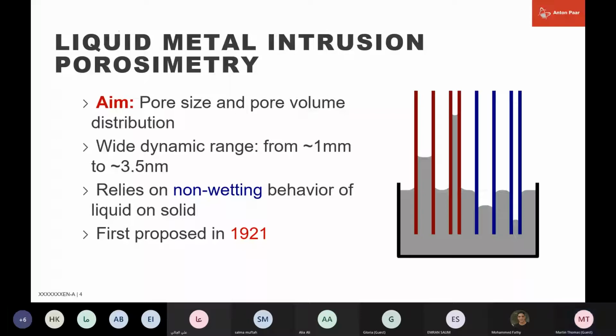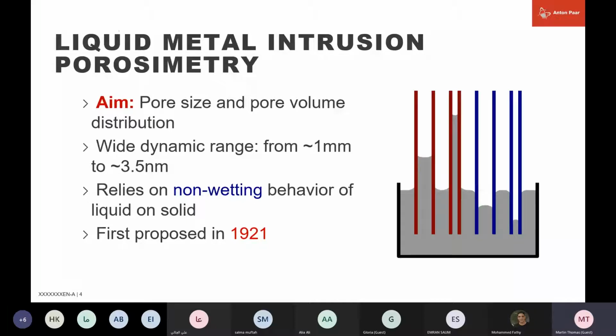Now, this technique basically has a unique capability amongst all pore sizing techniques, in that it has an extremely wide dynamic range of pore size from around about a millimeter. The exact size depends on the contact angle that the liquid metal makes with your sample. But from about as large as about a millimeter down to as small as 3.5 nanometers, there or thereabouts. So a very wide dynamic range.